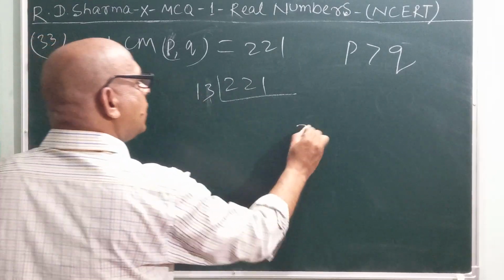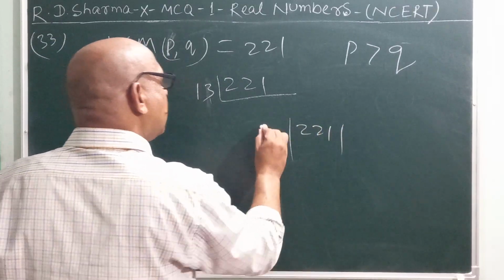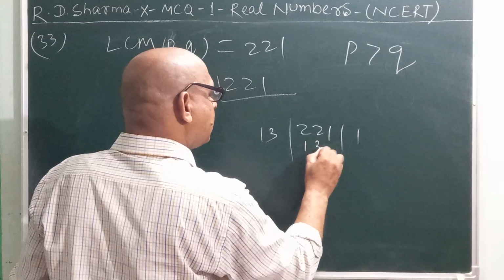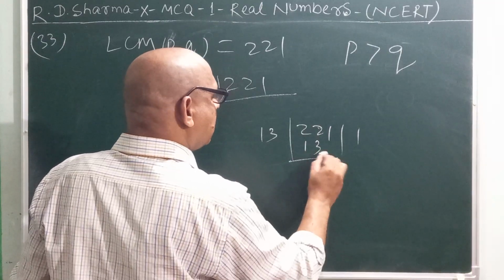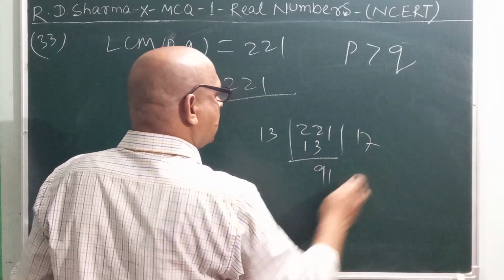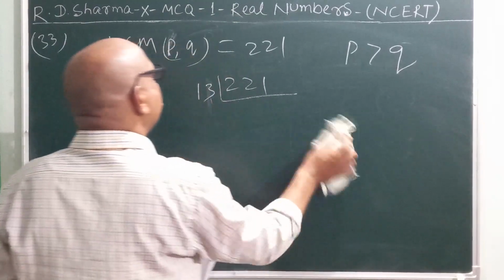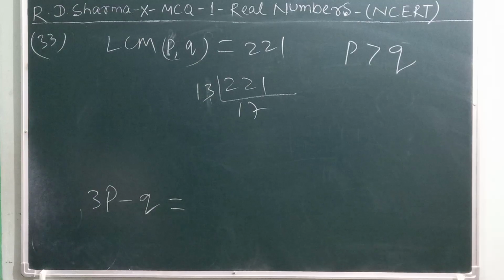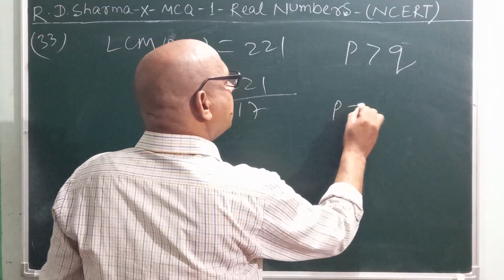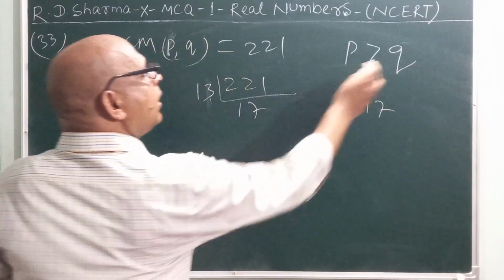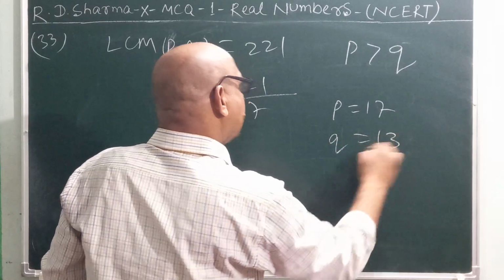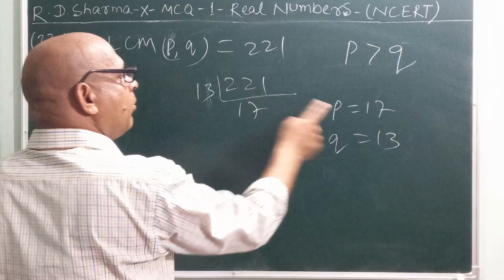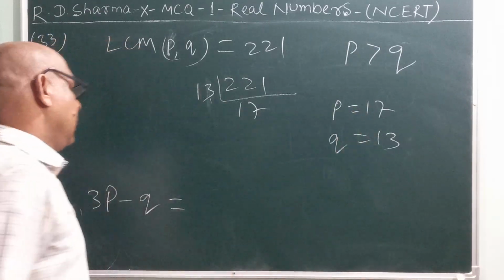221 is 13 times 17. So P equals 17 and Q equals 13, and the LCM of P and Q is 221.